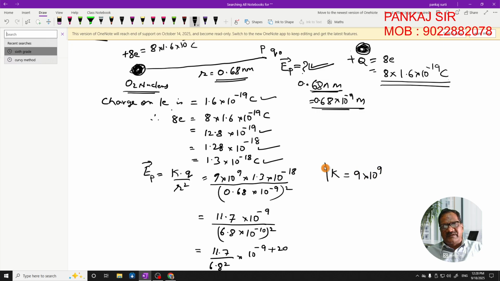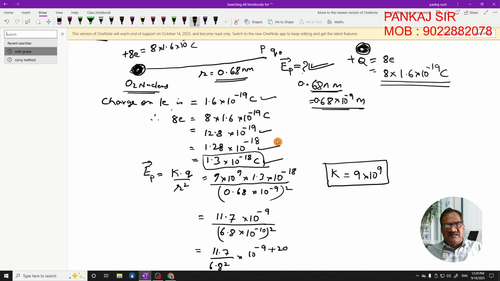So K times Q divided by R square will be 9 into 10 raised to 9 into the Q value we have just found, 1.3 into 10 raised to minus 18, the total charge, divided by R square.